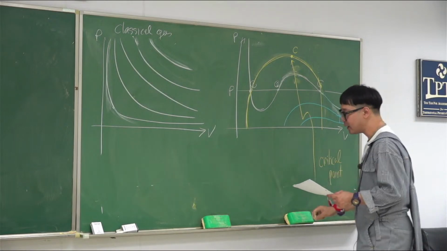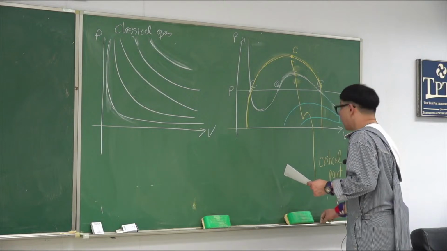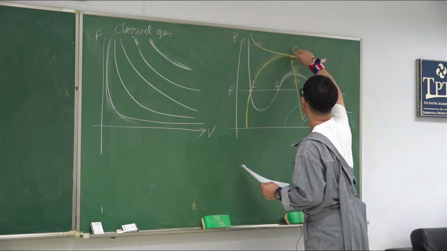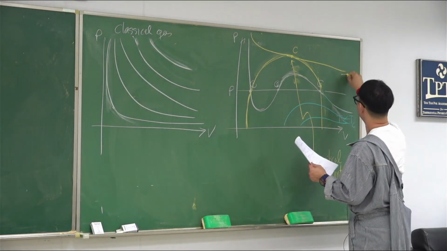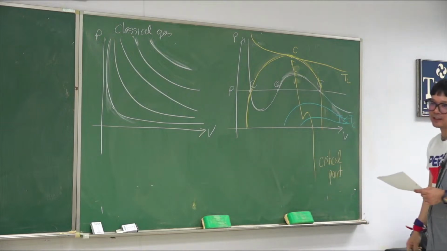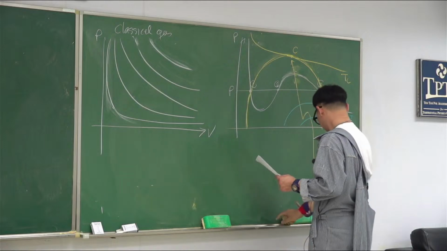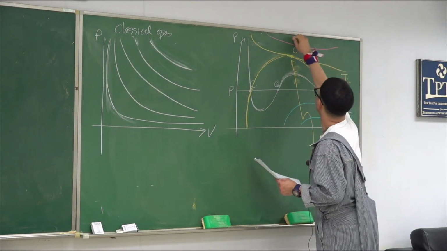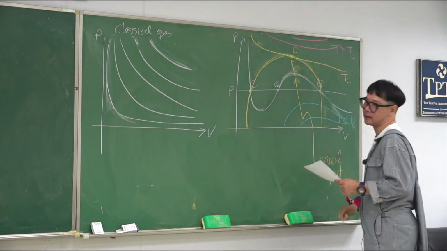And up there, you're going to have the line that comes to touch this point, which I shall call TC, and then the line where T is greater than TC, right?